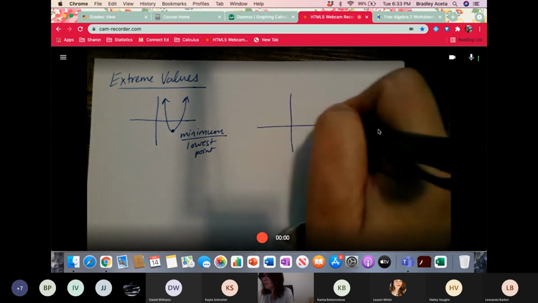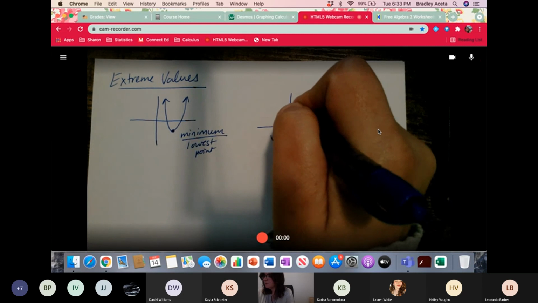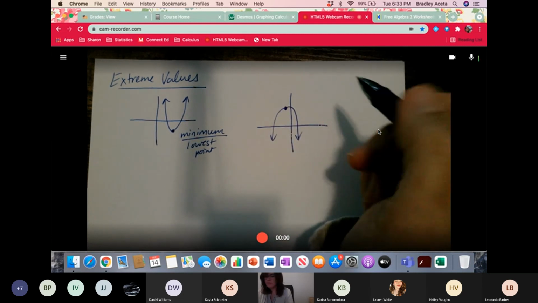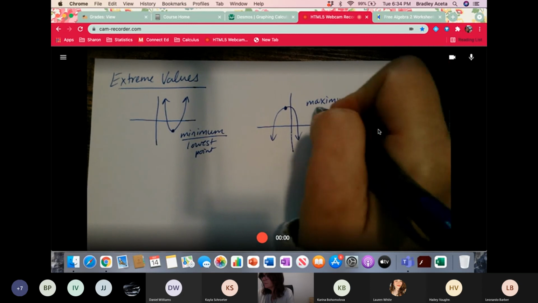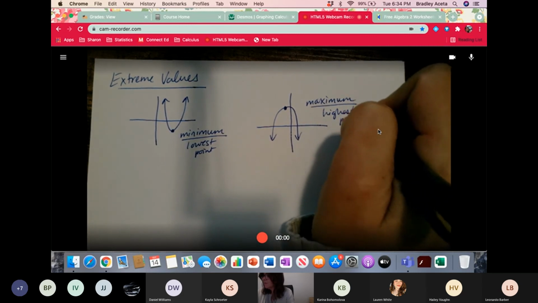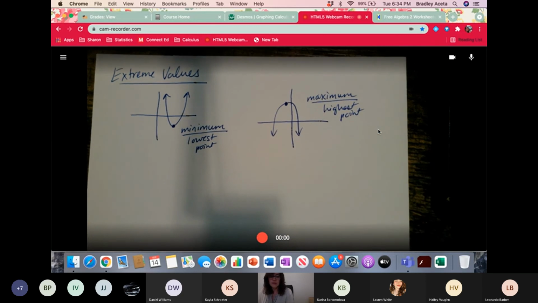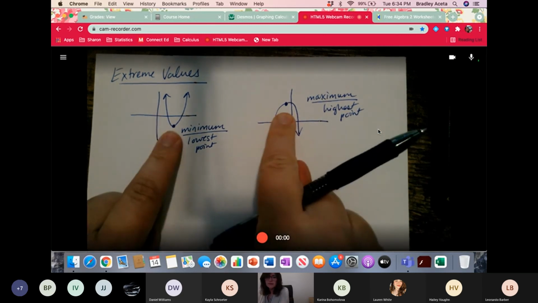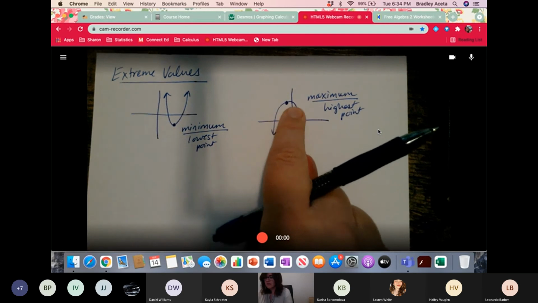If your parabola, though, looks like this, then that point at the top is your maximum. It is the highest point on the graph. Those 2 points are the vertex of the parabola. Both of them. They're both the vertex.